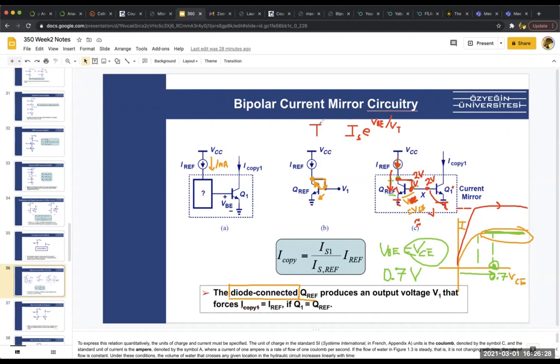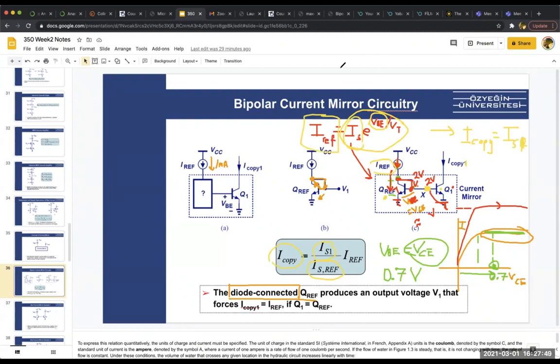Basically, this is your IREF, and that forces a base emitter voltage. This base emitter voltage shows up here, and now you might have a different IS or the same IS, and then you have the copy current, which is the same but with a different IS. So that is the current mirror.